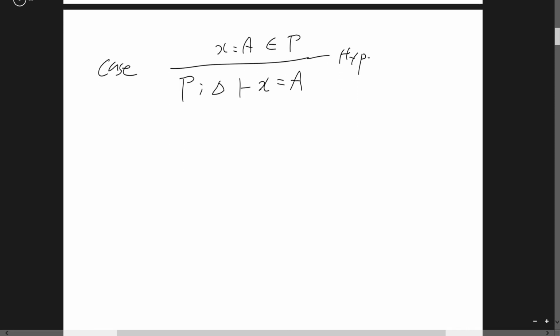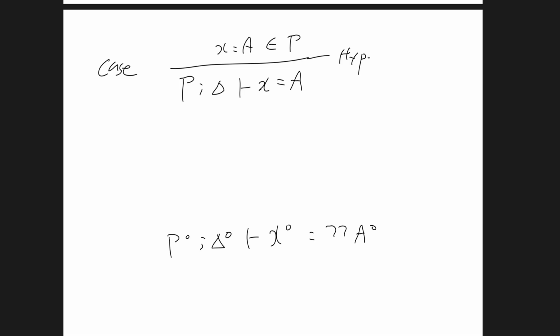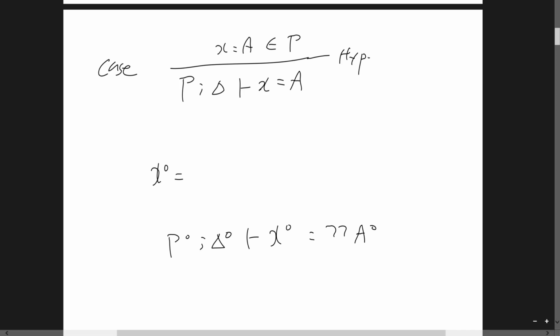So remember that we are supposed to find a proof term x circle which has a type double negation A circle under this translated context. So we have to find some proof term of type double negation A circle.